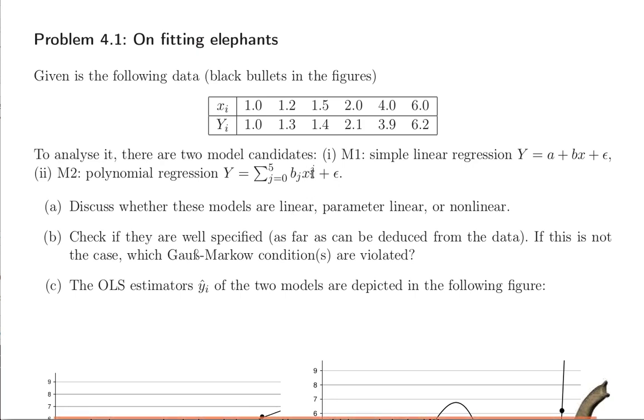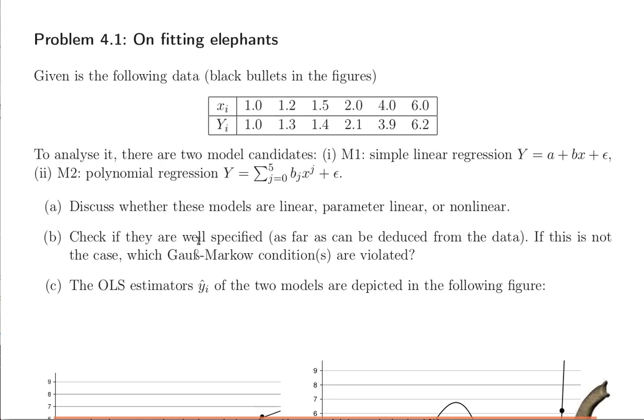X to the power 0, that is the intercept, x to the power 1, and then we are done with this model. In model M2 we have 4 other factors, x squared till x to the power of 5. That was point A.